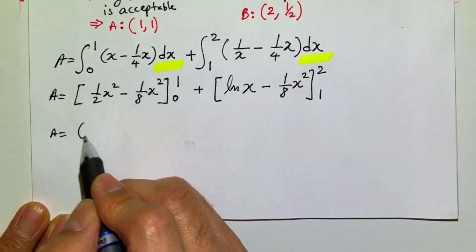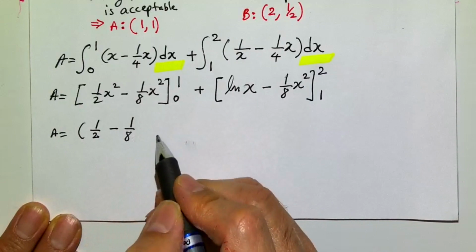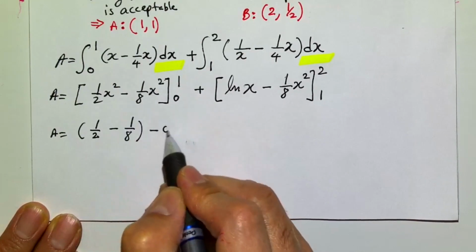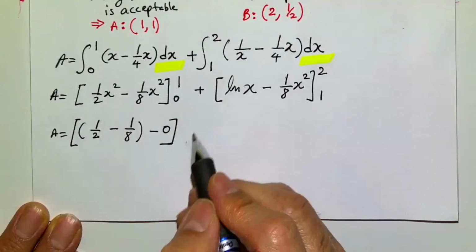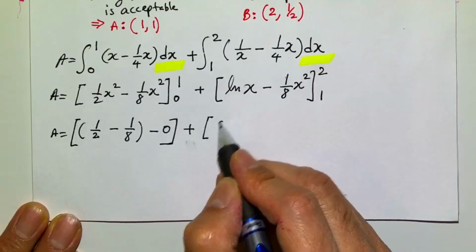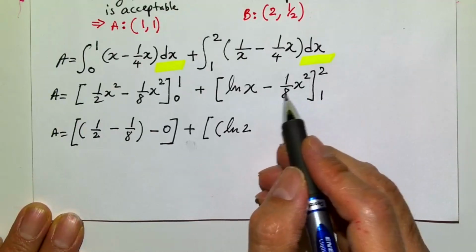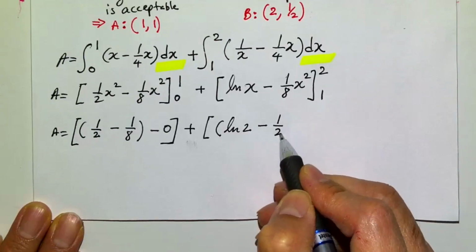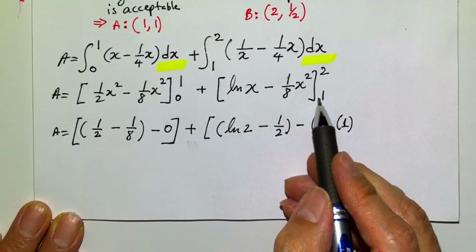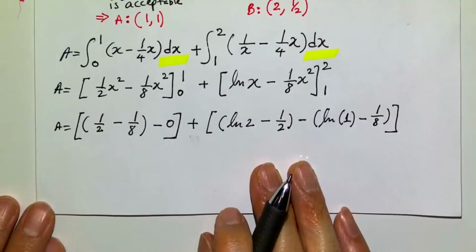So we have 1/2, substituting for x with 1, 1/2 minus 1/8, and then if you substitute for x with 0, you will get minus 0, and then of course plus natural log of x, so that would be natural log of 2. 2 squared is 4, times minus 1/8, that's minus 1/2, minus natural log of 1, of course we know that's 0, and then minus 1/8, right? So what do we get?